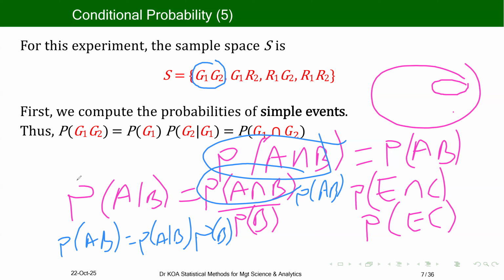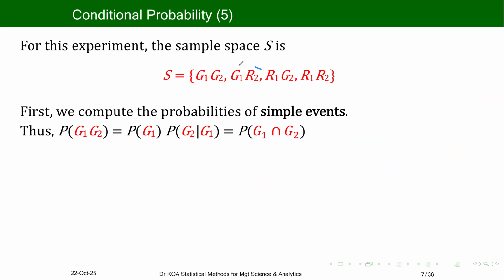So this is what I want you to do now. If you do, I want you to write for me, how would you write this? The probability of G1, in probability terms, because they are all part of the sample space. What would be the probability of G1 R2? That's my question.